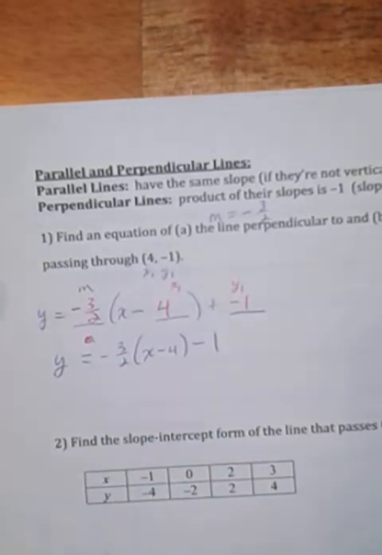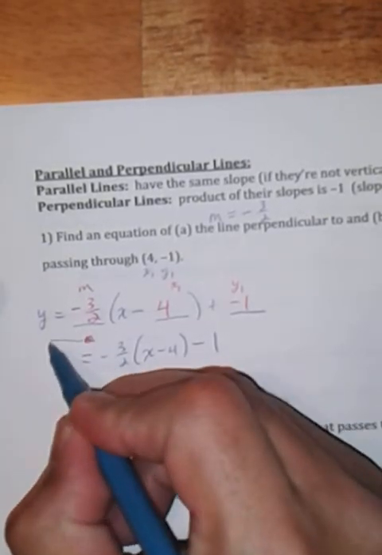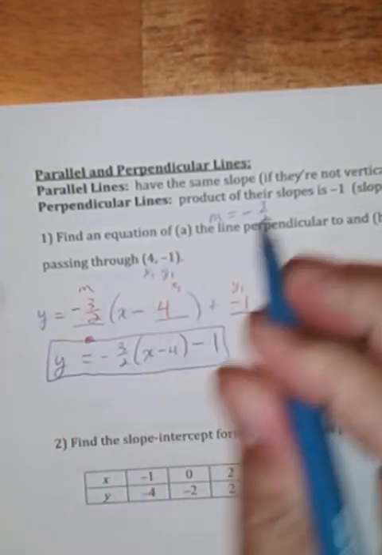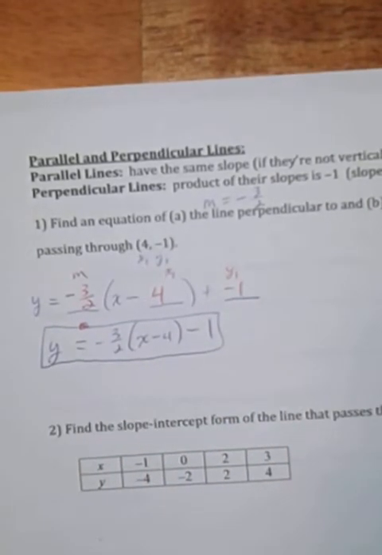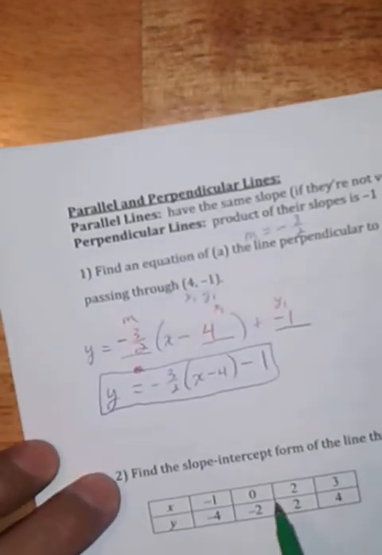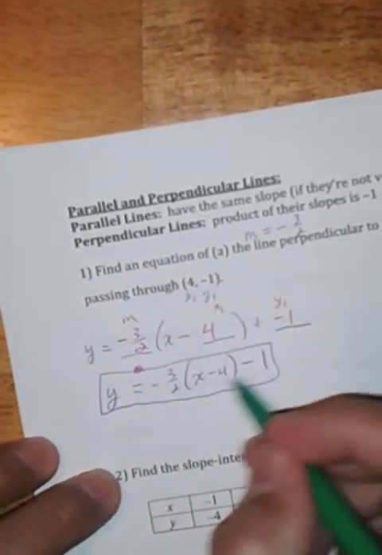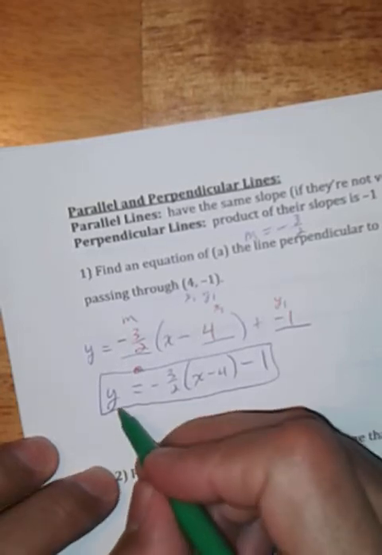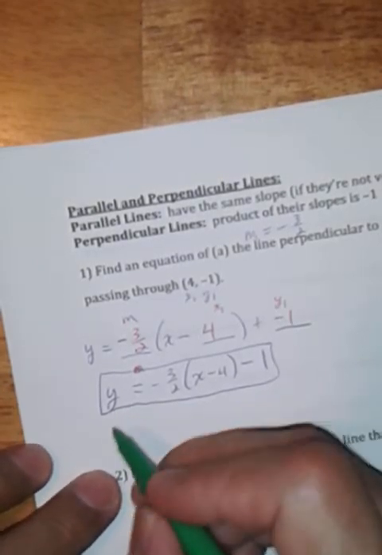Okay? All right. Now, that's a good answer because they didn't specify which form. I can answer like that. What if they wanted slope-intercept form? Because they can ask me either form. All right. Well, we would distribute right here and just simplify. So we would have y equals and then mx plus b. Let's do that.